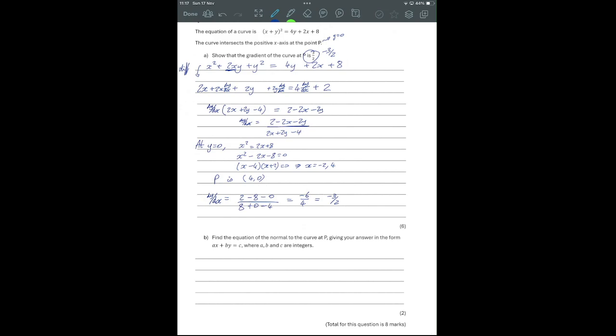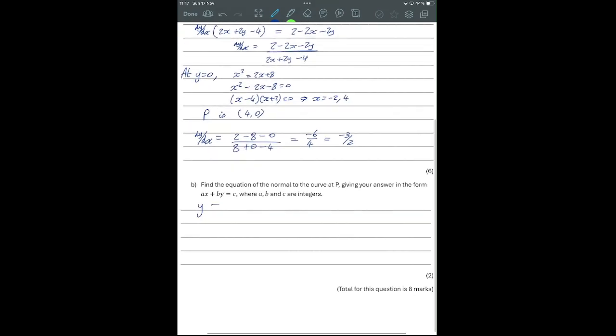Part B of the question then: find the equation of the normal to the curve, giving your answer in that form. Now luckily part B does not require part A, so using the positive 3 over 2 or the negative 3 over 2, we will give you full marks for using either of them in this part B. In that form, we're going to be using our equation of a line, so y minus y1 equals the gradient times x minus x1.